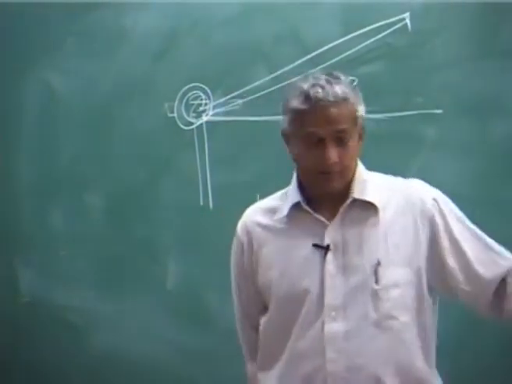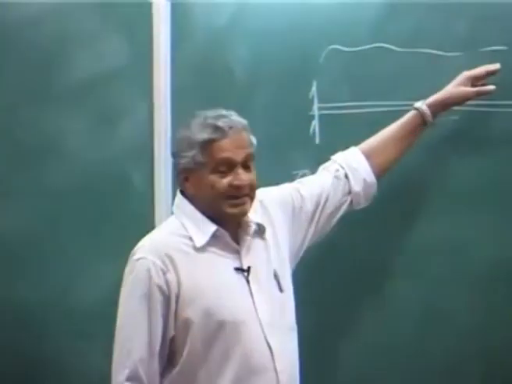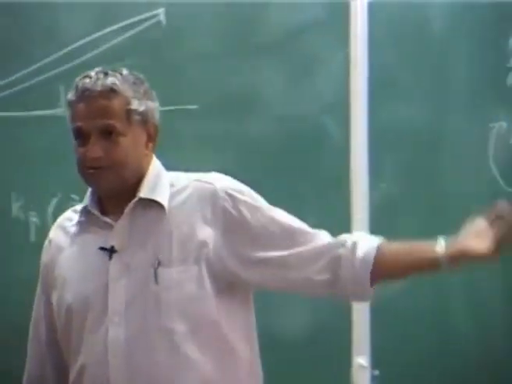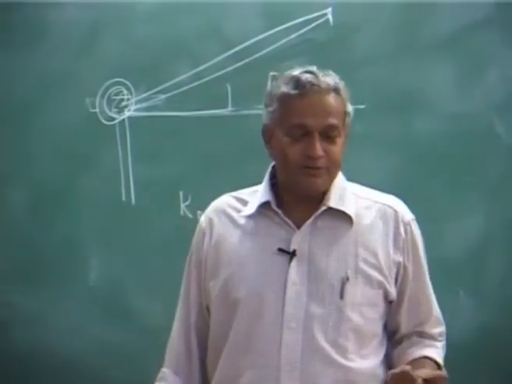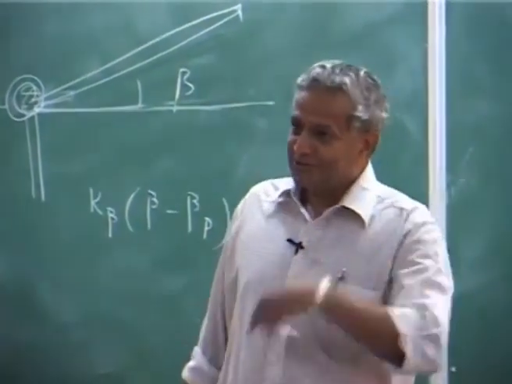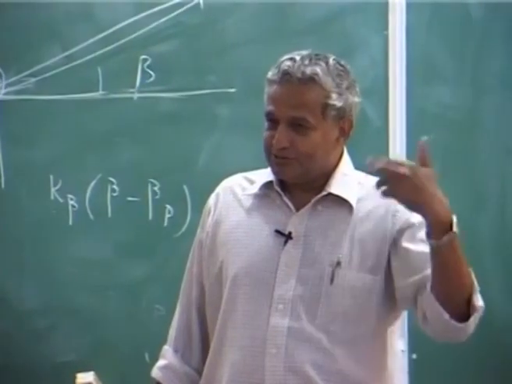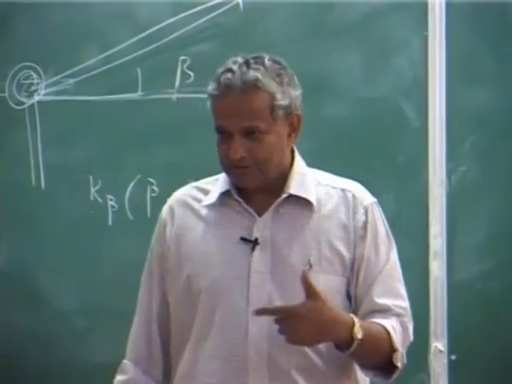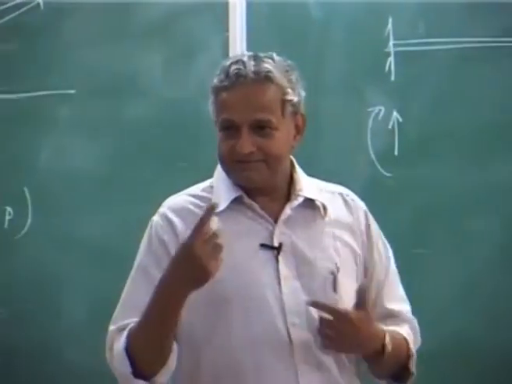Please understand, the applied load I put is a function of deformation, how much it deforms. That means you have to solve for deformation to get the load, but you need to know the load to get the deformation.